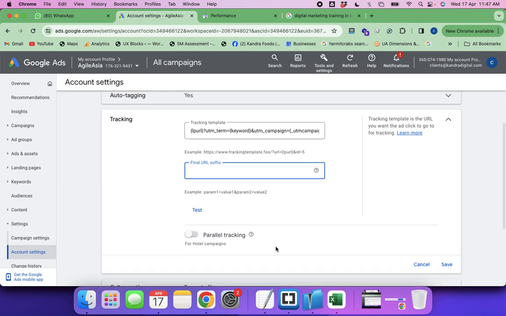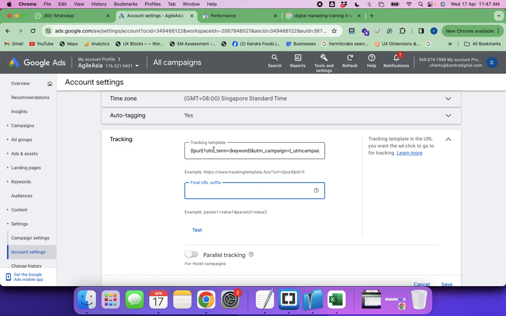You can ignore this for now, just work on the tracking template always. Based on the business needs, you will be able to figure out what has to be added.